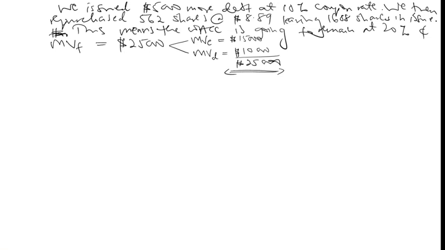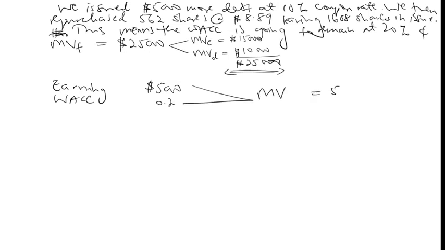Okay, now remember that our earnings have not changed. Our earnings are still 5,000, remember? And we say that WACC is not changing, it is still 0.2. Therefore, our market value is equal to 5,000 over 0.2, which means it is 25,000.